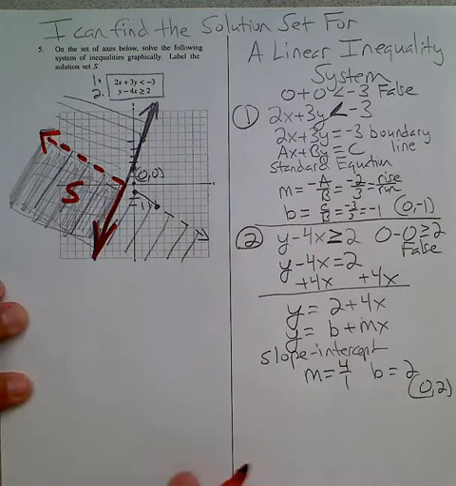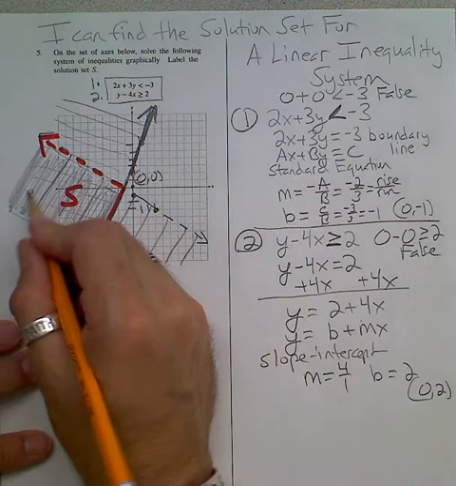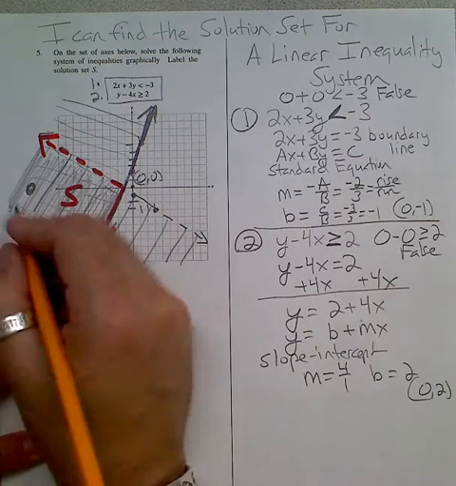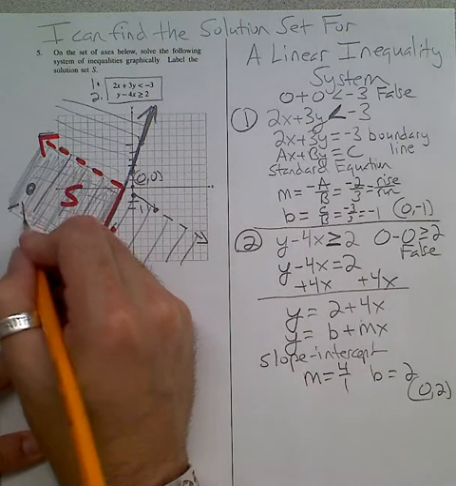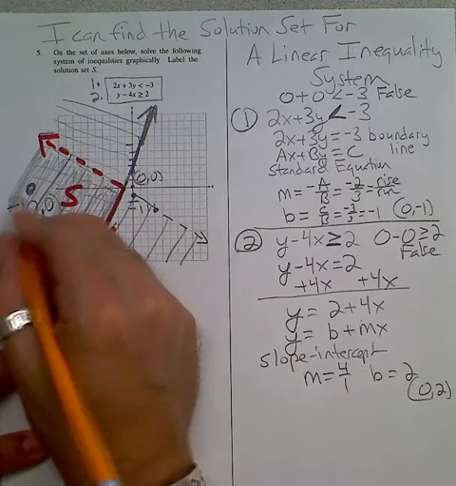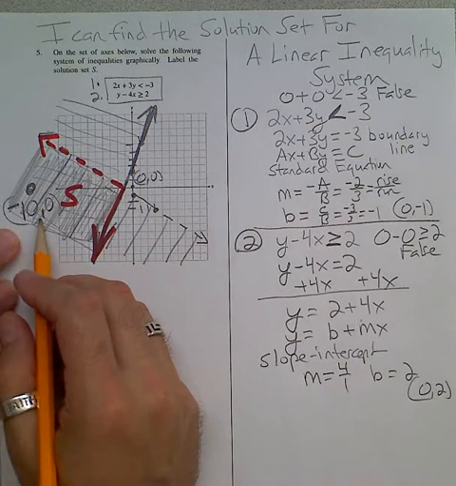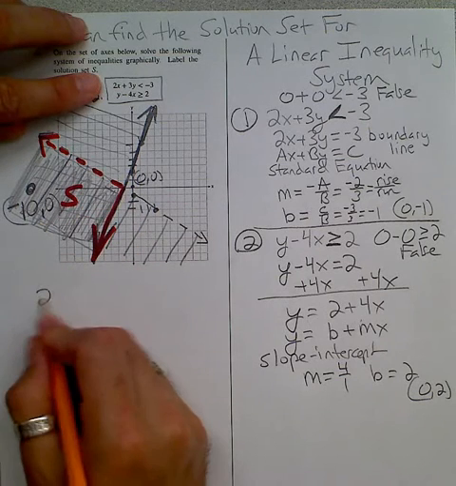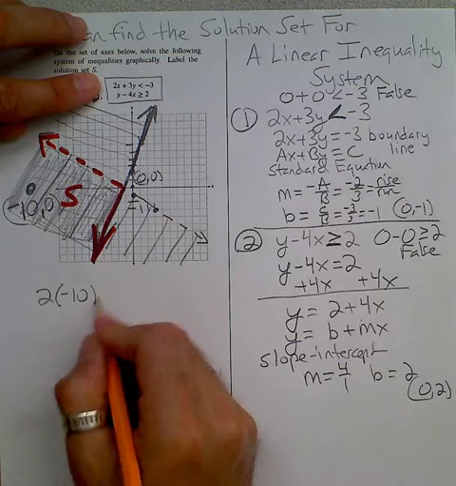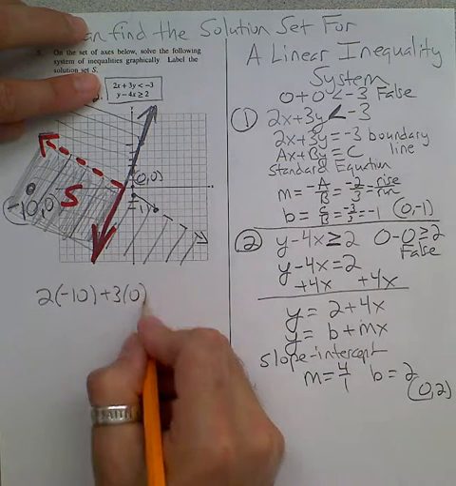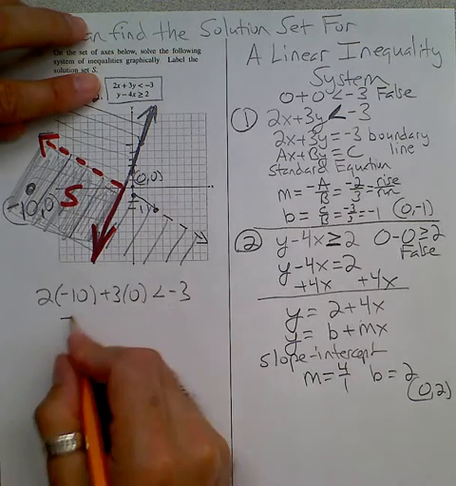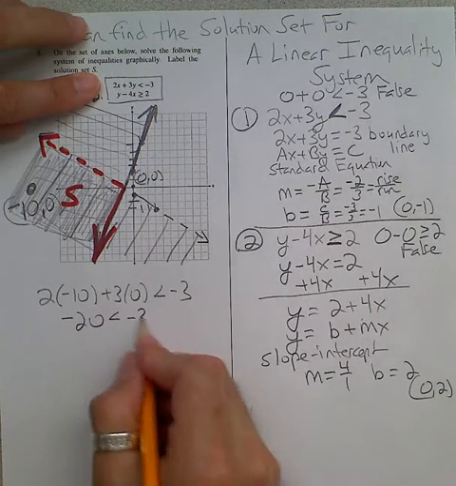Any point that I pick in here, for example, let's take (negative 10, 0). If I were to take (negative 10, 0), just as an example, and put it into my first inequality, we have a true statement.